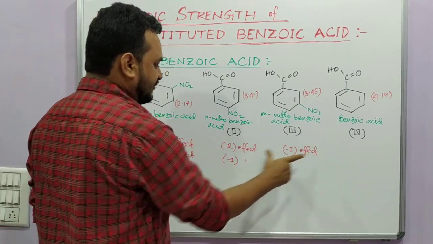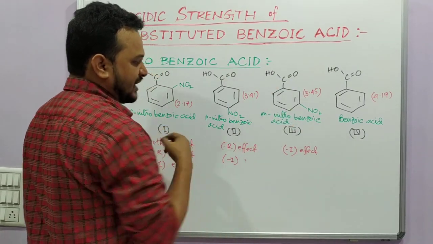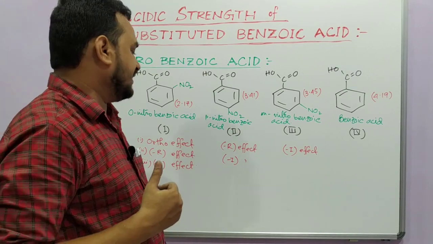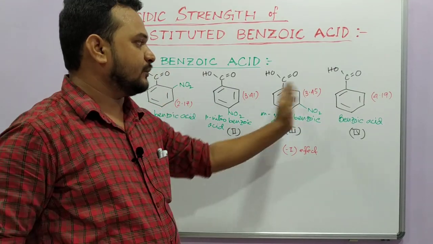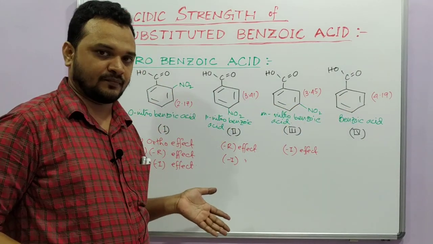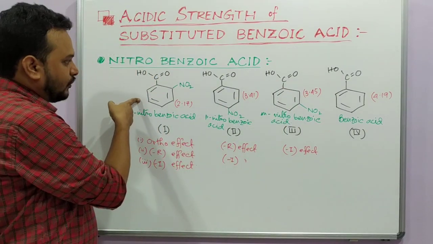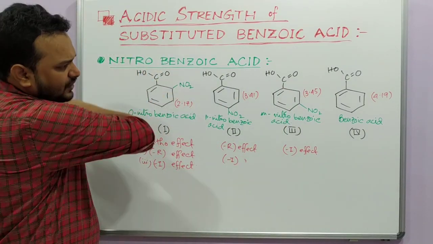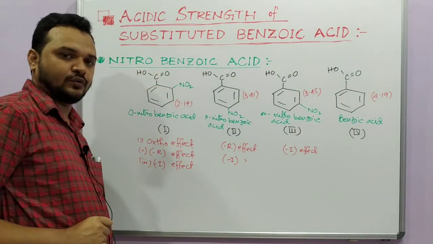But this minus I effect is stronger than that minus I effect because it is closer to the COOH group, and we know the inductive effect diminishes with increasing distance. And then comes benzoic acid. Clearly these three will all be more acidic than benzoic acid since they are all electron withdrawing. And we have compared their electron withdrawing power here, but see the difference with ortho-nitrobenzoic acid. It is far more acidic than all these three, and that can be explained by the ortho effect only.